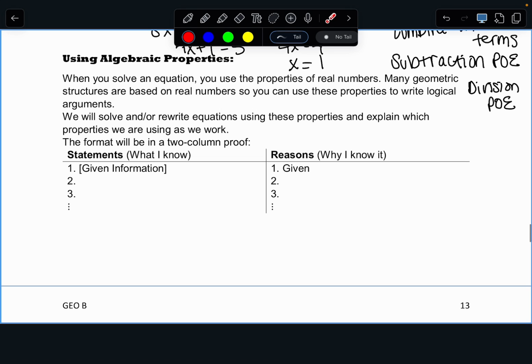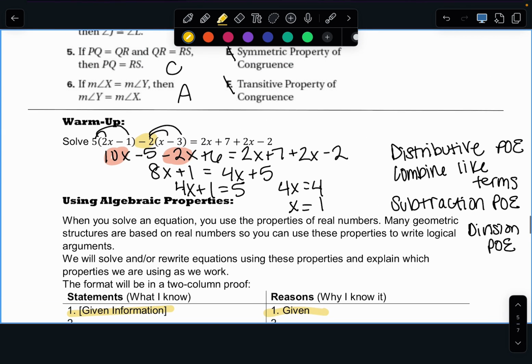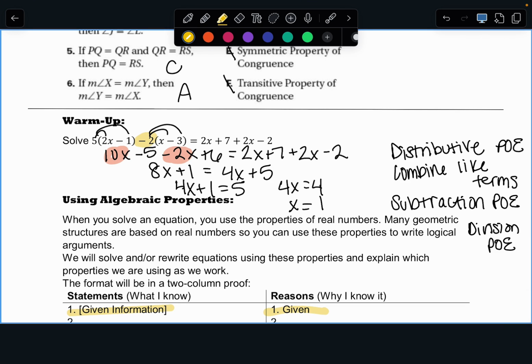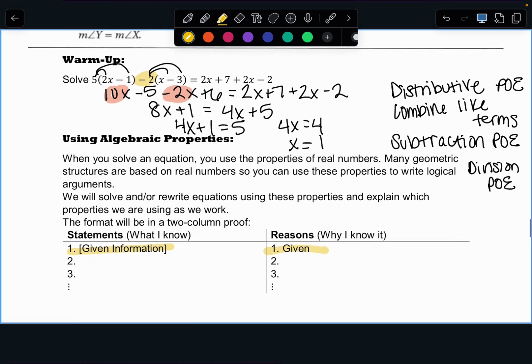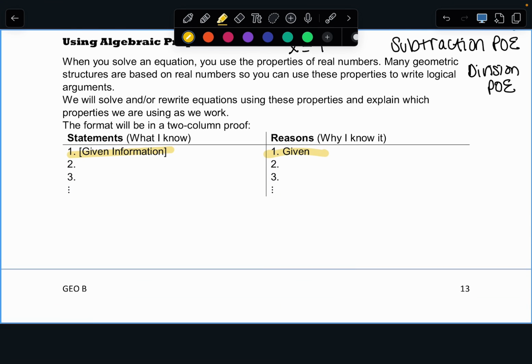Anytime you write a proof, you are guaranteed 1 free point if you do the following. The first line of any proof should say given, okay? You put given on the right, and on the left you fill in whatever the problem's asking. So on this one, we would have put this entire equation on the left. If you put that line on any proof, you are guaranteed a free point.